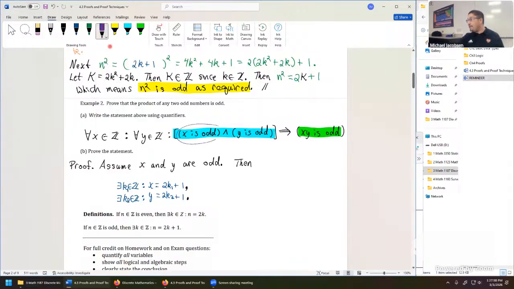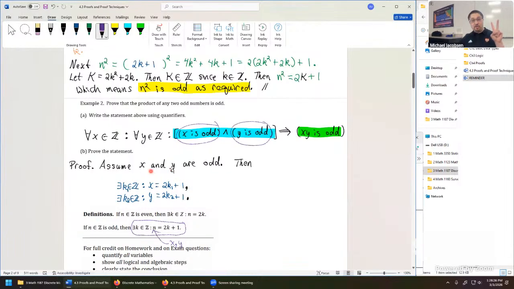what do we mean when we say odd? We have to write that down. Odd means this. Let me just focus on this part right here. The existence of an integer such that your number, we put x and y in this spot for n, your number has to be double that integer plus 1. So that was the assumption we put here in the quantified statement.